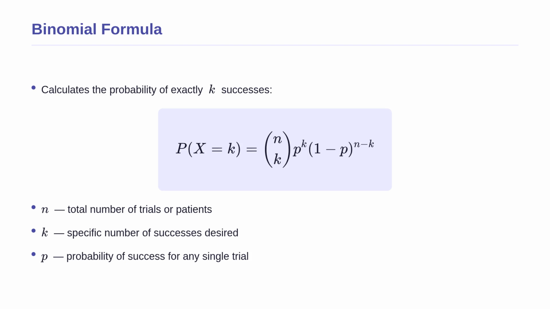This concept translates into a powerful mathematical equation. The binomial formula calculates the probability of getting exactly k successes. Let us break down the symbols. The letter n stands for the total number of trials, like the number of patients. The letter k is the specific number of successes we want to find.